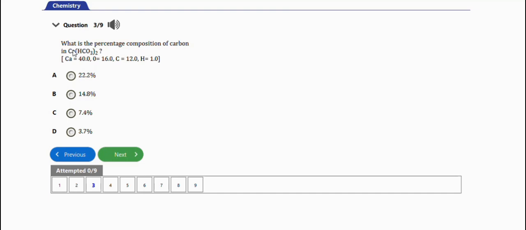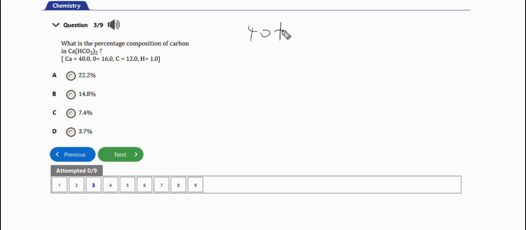The question says, what's the percentage composition of carbon in this compound? Before you solve this, first let's get the molar mass of the compound. For calcium, the relative atomic mass is 40, and we have 1 atom of calcium, so it will be 40 plus. For hydrogen, the number of atoms is 2, because the value outside the bracket affects every element inside.